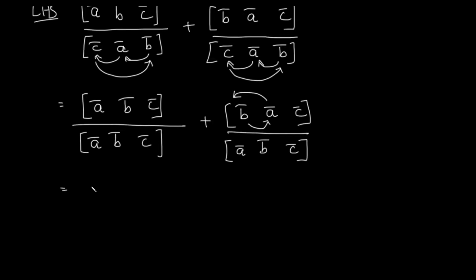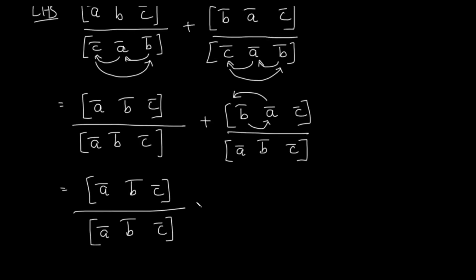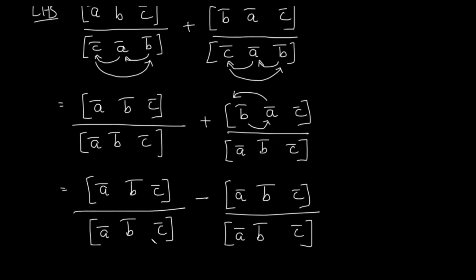So thus we are going to get ABC upon ABC minus, because why the minus sign came? Because we interchanged only A and B in this case. So ABC upon A, B and C. Now we know that the subtraction of both of these like terms becomes 0. Thus we get our RHS.